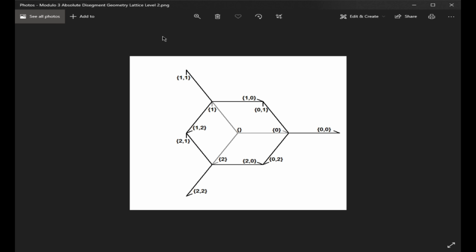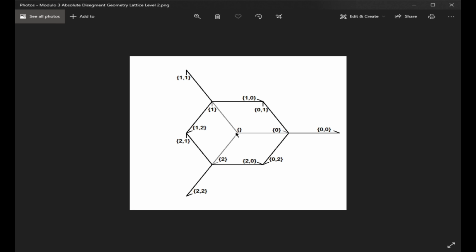And let's first look at the absolute system, wherein, remember, 0 is always in this direction, 1 is always in this direction, and 2 is always in this direction, no matter which direction we happen to be facing at the time. Okay. So now, this is the origin which we'll represent with this empty braces.